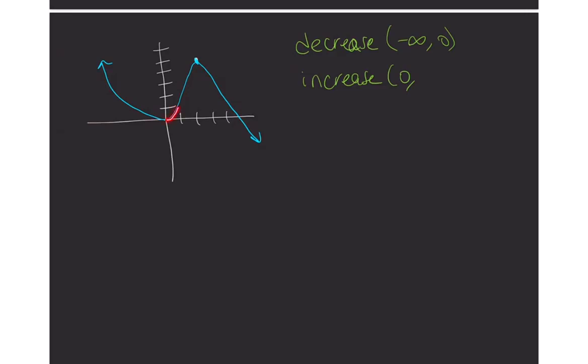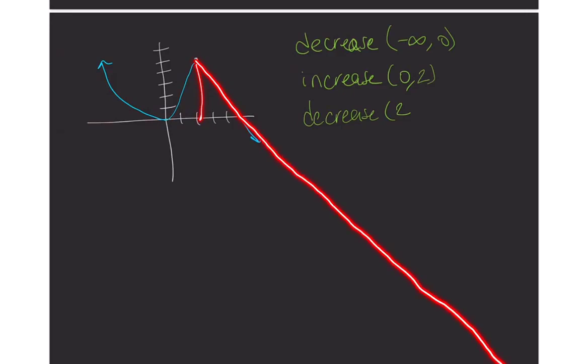And I'm going to continue to increase until my x value is 2. And then I'm going to decrease again, starting at 2. Okay. And then I'm going to continue to decrease until my x value is positive infinity.